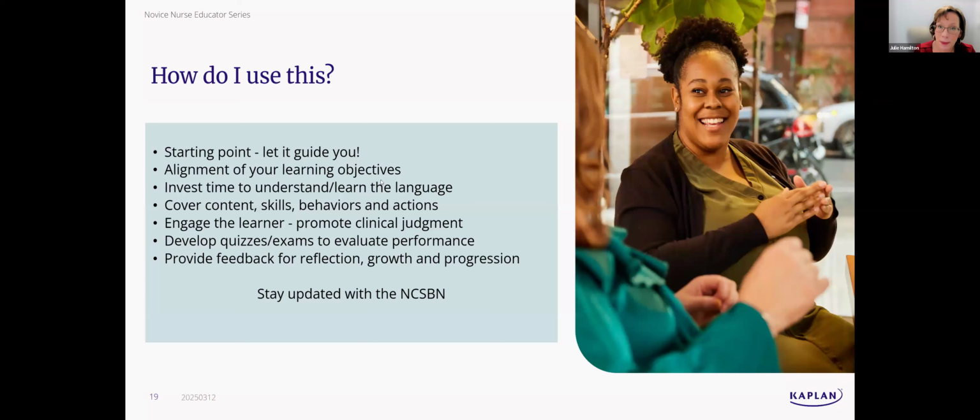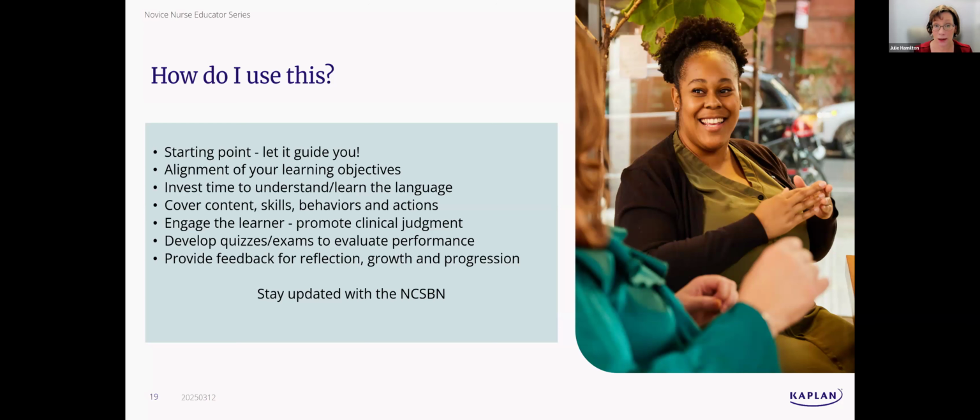Use the NCLEX test plan on these client needs categories as your starting point. It's your guide. Students are overwhelmed with all the information you give them. They don't know what's important and what's not. You know what's important: the test plan for the NCLEX, because that's ensuring we've got safe practice. They're ready to practice safely. So use it as your guide.